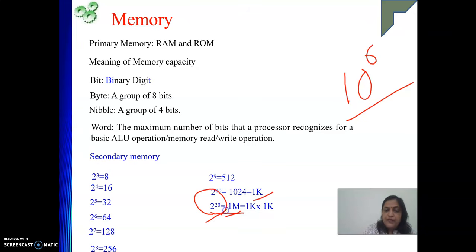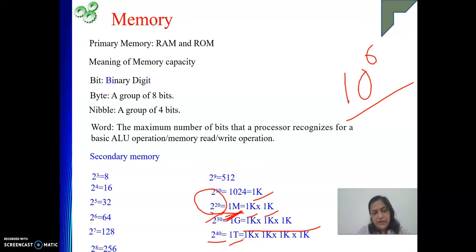So 2 to the power 20 will give us 1K into 1K, that is nothing but 1M. M means mega. Next one is giga. Giga is 3Ks, right? Then is tera. We can go on, but I'll stop here. 2 to the power 40 is 1 tera. If we can remember these powers of 2 and what they are representing, then it will be easier for us to do the numericals, right?